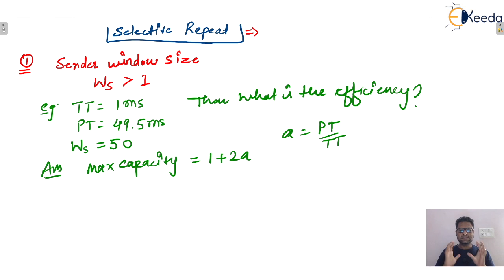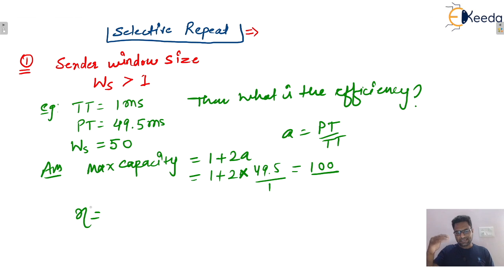That means that many packets we can send in the total cycle time at maximum. Here it will be 1 plus twice of a, with PT 49.5 and TT 1, so this comes out to be 100. Maximum 100 packets can be transmitted in one cycle time.